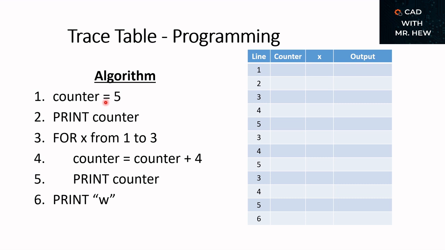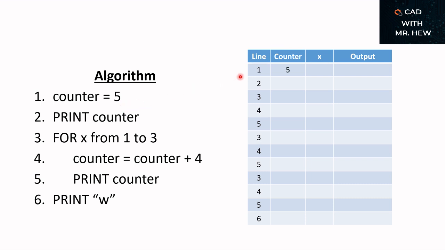So the first line, as we said not too long ago, 5 is assigned to the counter, right? The number 5 is assigned to the counter. So this is what happens here now. The counter will be equal to 5. The variable, the container, has the value 5 for line 1. So we come down here now to line 2.